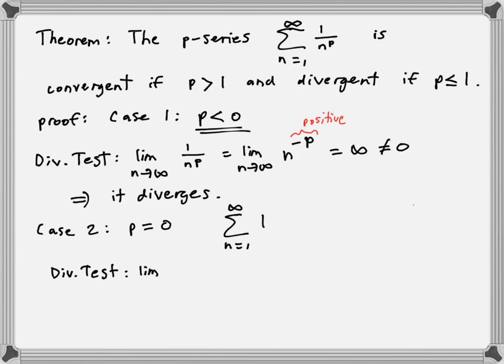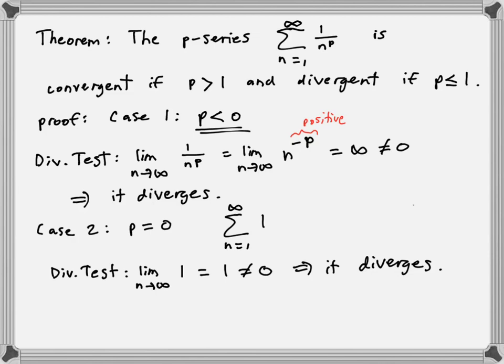What's the limit as n goes to infinity of 1? It's just 1, which is not 0. So this means it diverges. Okay, so we now know what happens when p is less than 0 and when p is equal to 0.